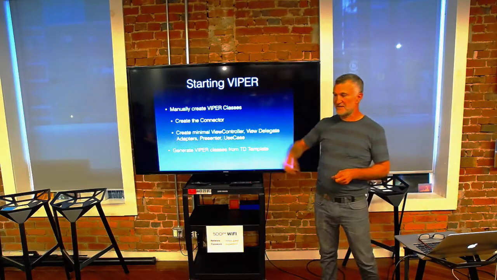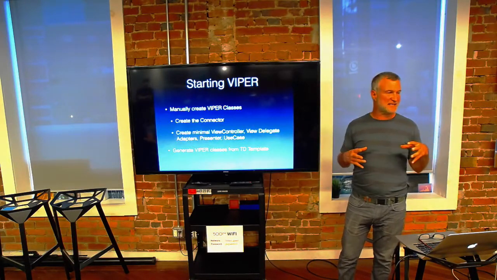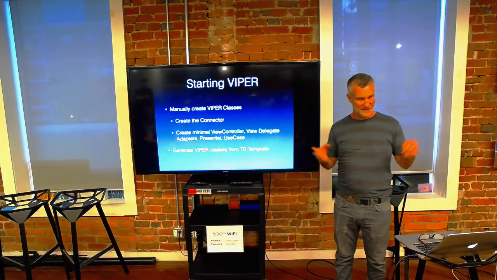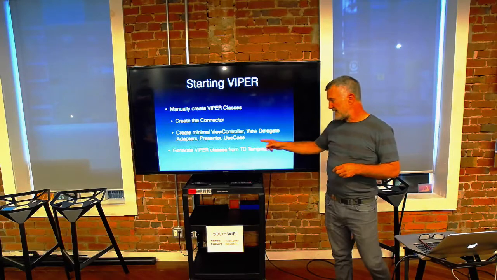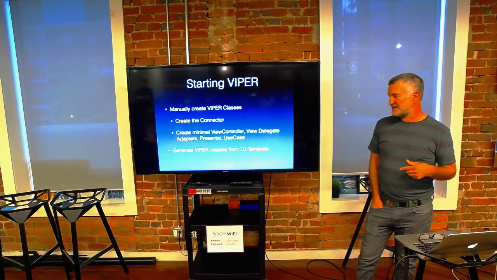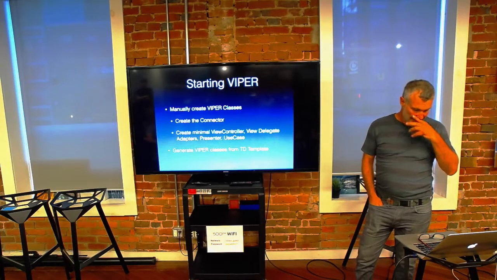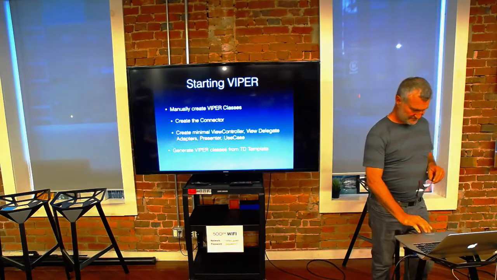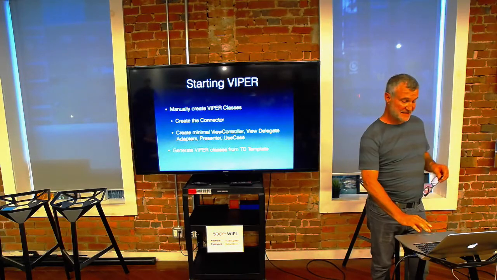There's an extra class called a connector as well, which puts all of these classes together and makes them know about each other. It sort of happens from outside. But what I found in the end is that it's much easier to produce a template and generate. So that part's done for us, and that's actually easy.